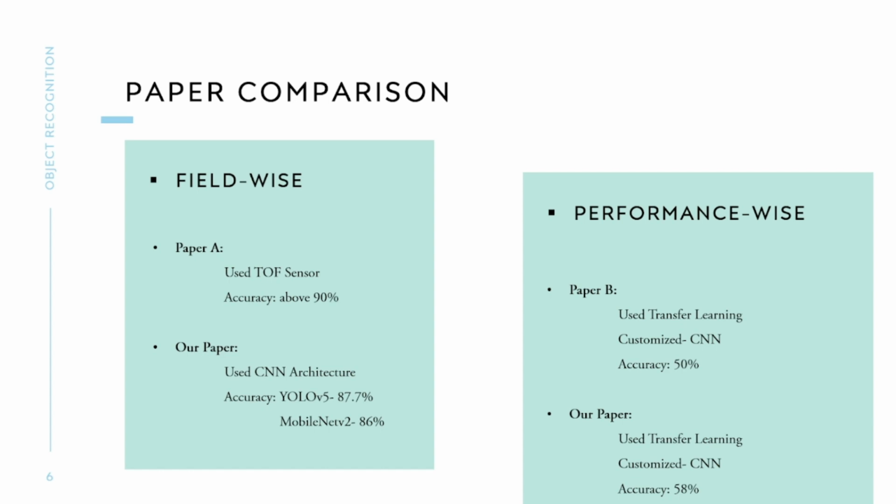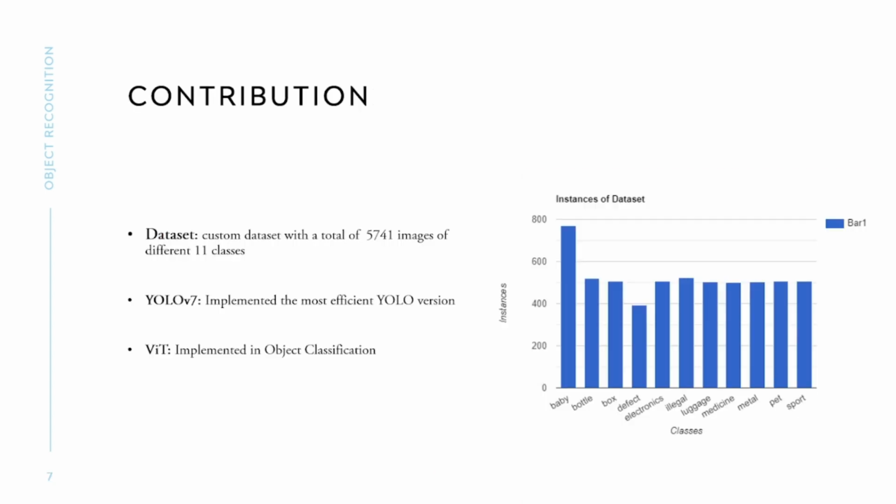In another paper, they used pre-trained models and their customized CNN model and got an accuracy rate of 50%. In our research, we also used our pre-trained, customized CNN model and got an accuracy rate of 58%, which is higher than theirs.